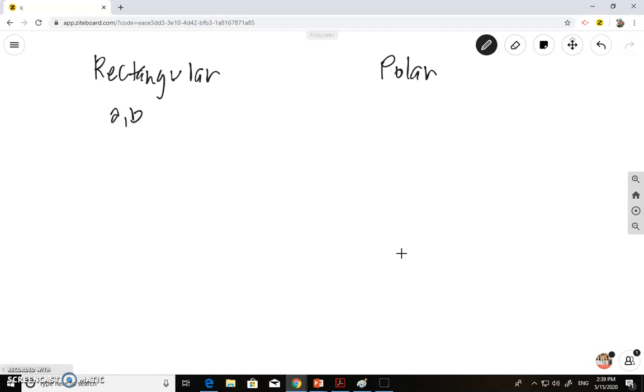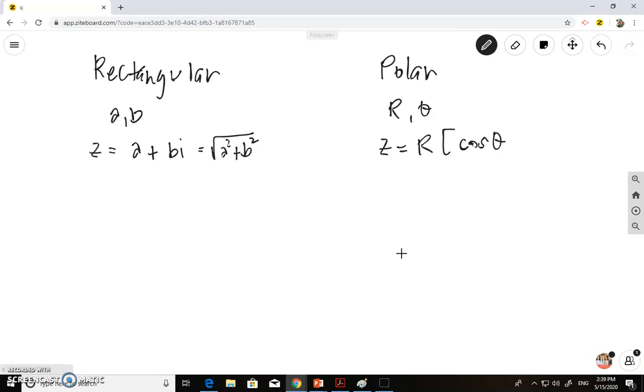In the polar form, we have r and theta. The rectangular form is z equals a plus bi, where r equals the square root of a squared plus b squared. Here, we can have the form z equals r times cosine theta plus i sine theta.